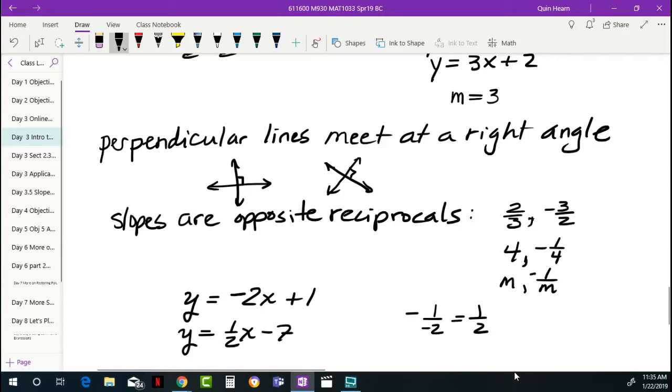So with that in mind, sometimes when we're asked to write the equation of a line, instead of specifically stating the slope of the line, which of course we need the slope of the line to write the equation, instead they'll compare it to another line, and they might say it's parallel to the other line or perpendicular to the other line.